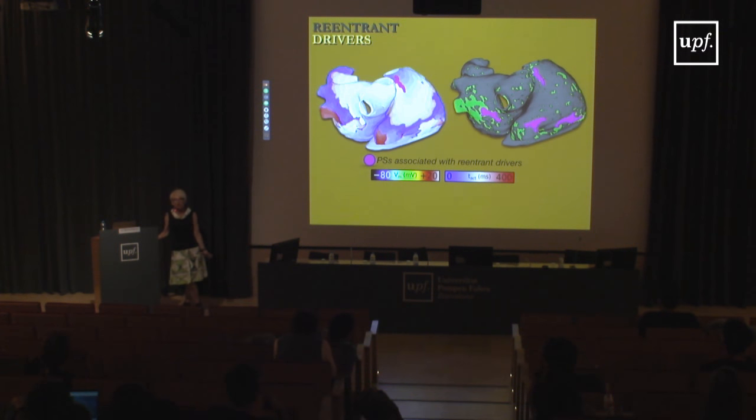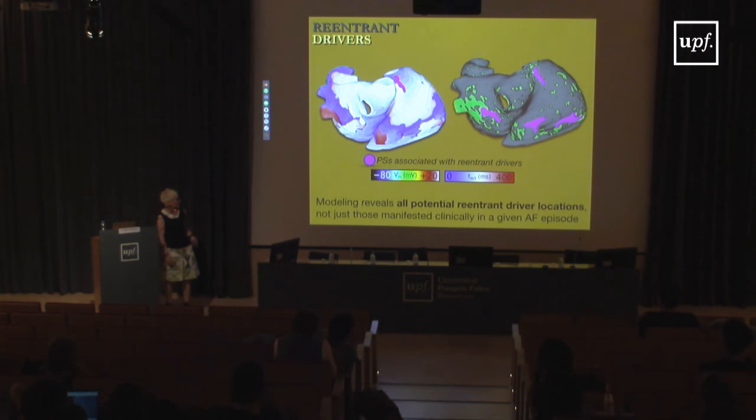And that's the story with all patients with persistent atrial fibrillation. There is no standard of care where to ablate and how to determine what the targets for ablation are. So our modeling reveals these potential reentrant drivers, not just those that are manifested clinically in a given episode.